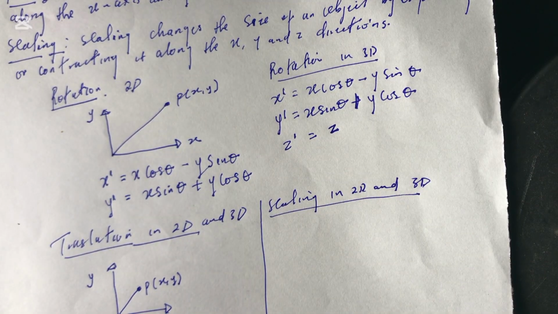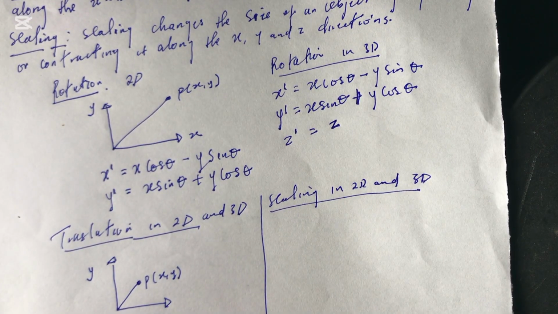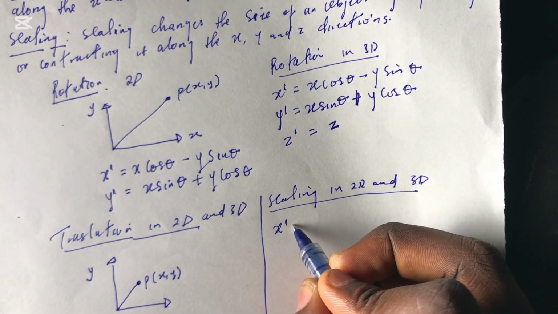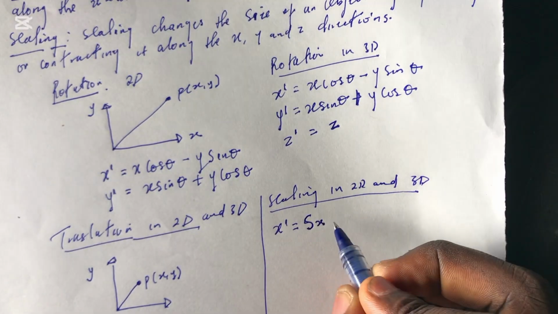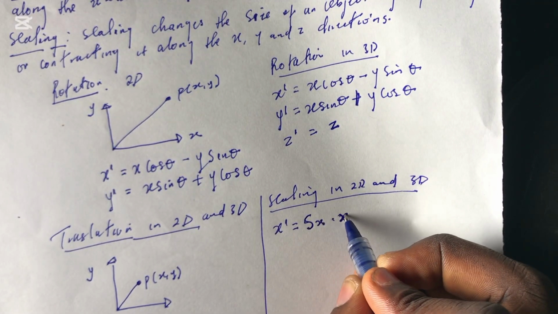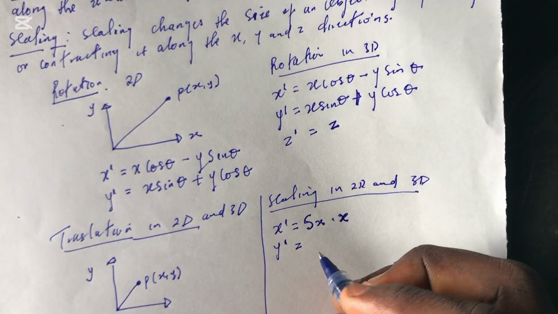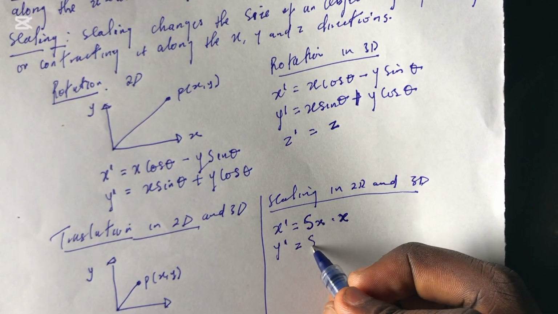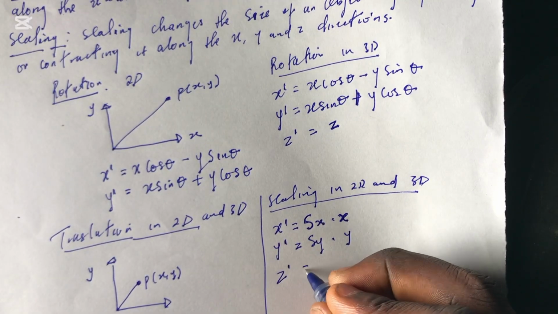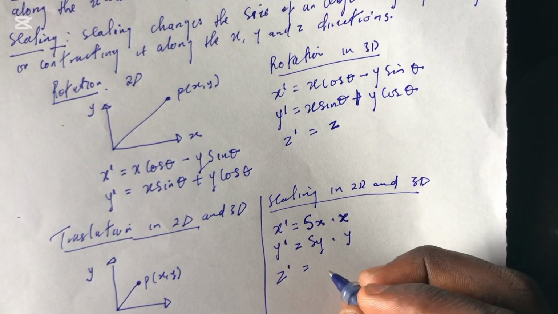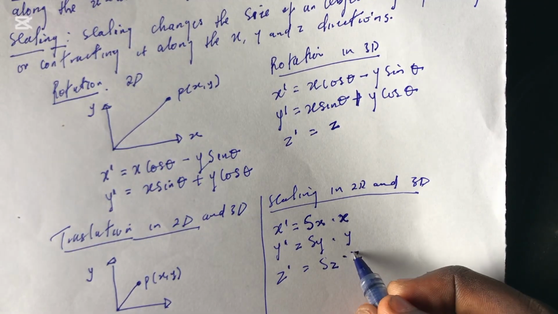Since we are talking about size, the formula is given by x prime equals s of x multiplied by x, then y prime equals s of y multiplied by y, then z prime is given as s of z multiplied by z.